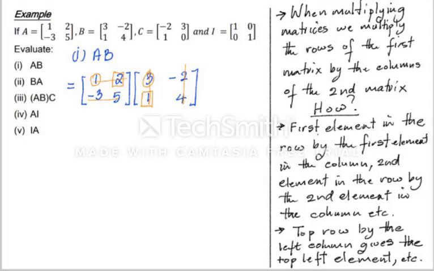And every time we multiply a row by a column, we get an element in the answer. So if we multiply the top row by the left column, we get the top left element in the answer.